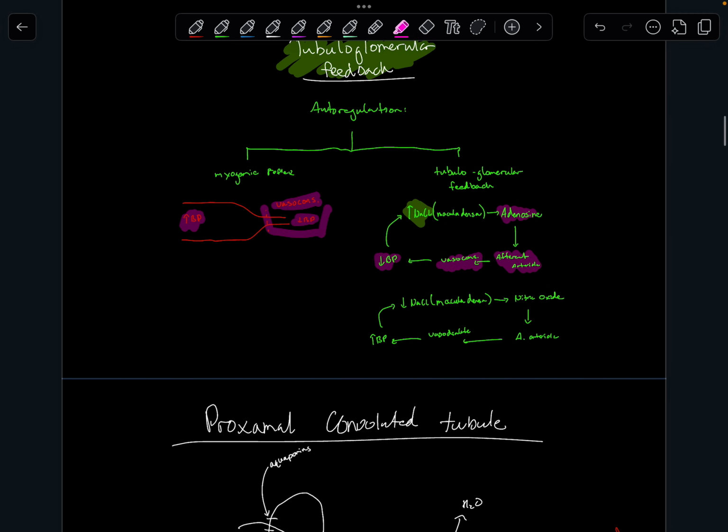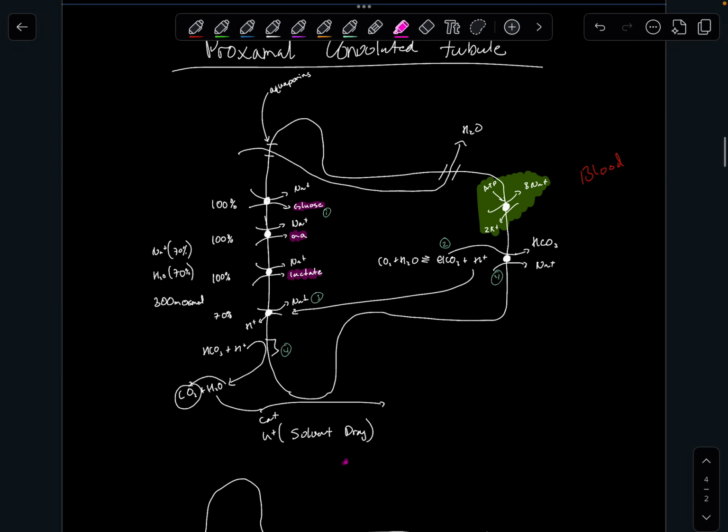So if we have a decrease in sodium chloride, it actually will cause a release of nitric oxide. Nitric oxide affects the afferent arteriole, causes vasodilation. If vasodilation occurs in this area, it will increase. But in this area, it's actually going to decrease. Super interesting.